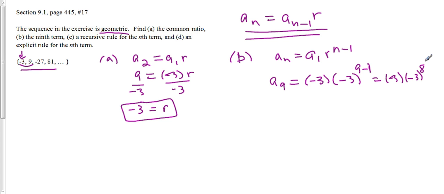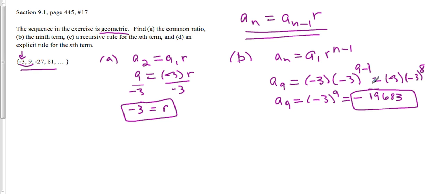I have like bases here, -3 and -3, which means I can combine my exponents by adding them. So I've got a9 is equal to -3 to the 9th, the 1 from this term plus the 8 from that term. And if you put that into your calculator, you're going to end up with -19,683 for that ninth term.